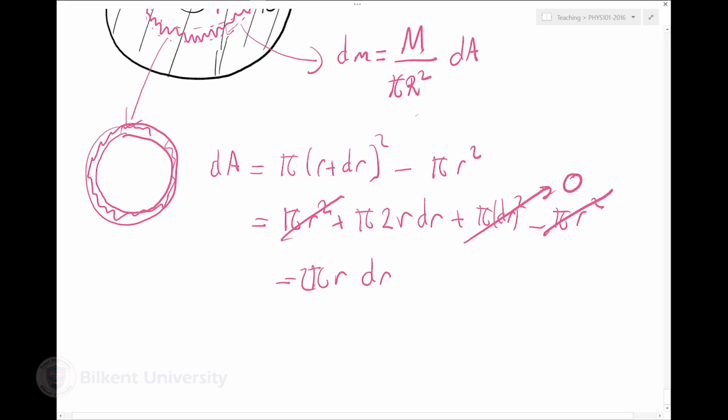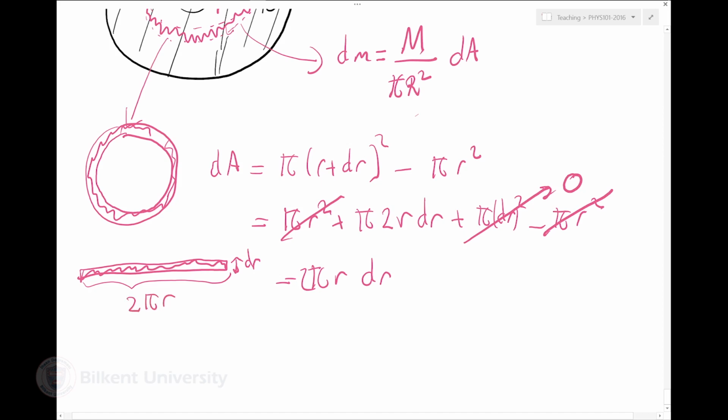And here is another interpretation. Think of this thin ring. If I actually cut it from one side and opened it up as a rectangle, one side would be dr. How about the other side? It's basically the circumference of the circle, so it's going to be 2 pi r.